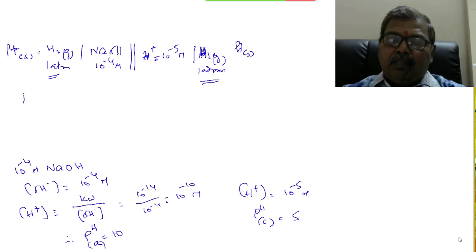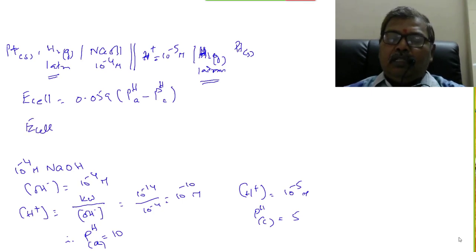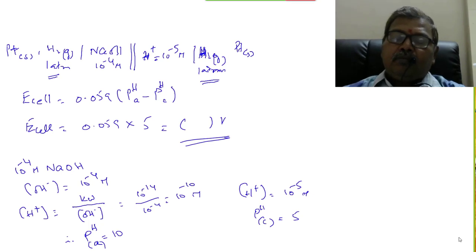So the formula becomes E cell is equal to 0.059 into pH in the anode of the cell minus pH in the cathode of the cell. So E cell is equal to 0.059 into 10 minus 5, that is 5. This is the answer. Clear?